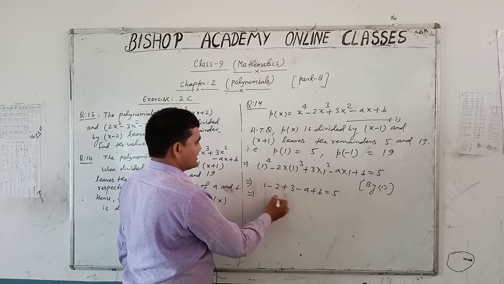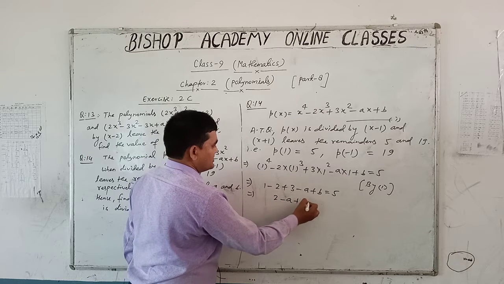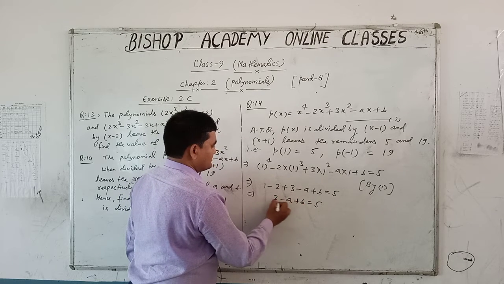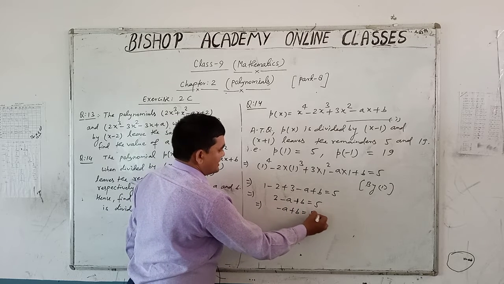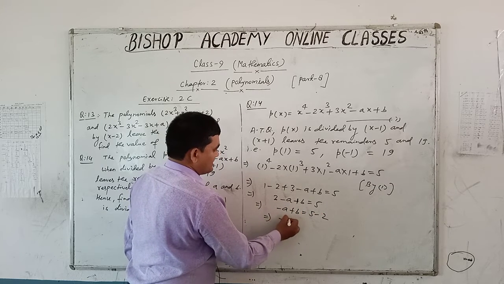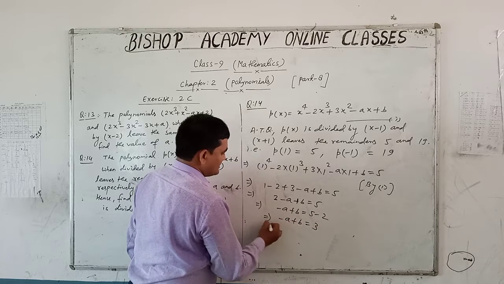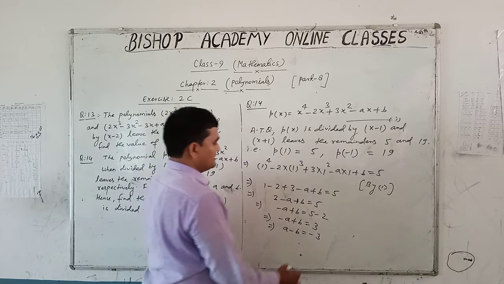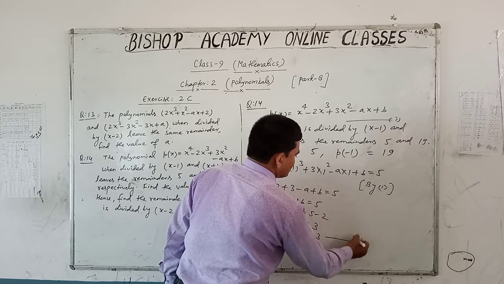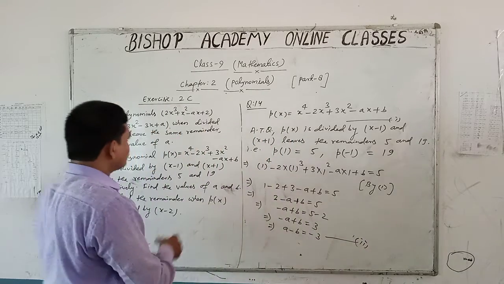Here we are looking 2 minus a plus b equal to 5. This implies that minus a plus b equal to 5 minus 2, minus a plus b equal to 3 means a minus b equal to minus 3. Let this is equation number second.